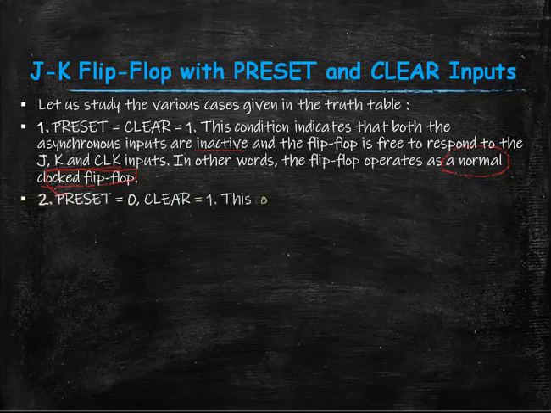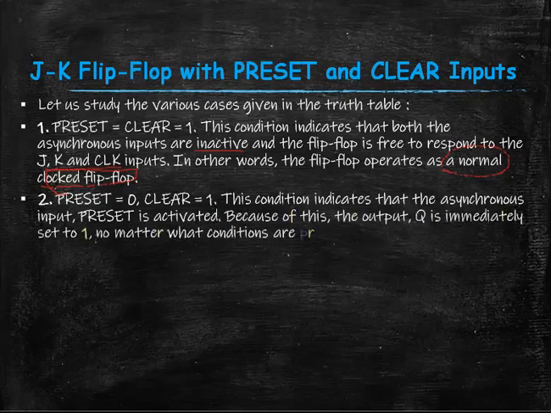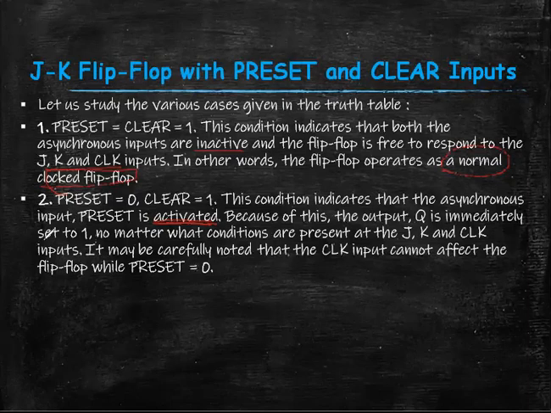And the second case, preset is equal to 0 and clear is equal to 1. Preset equal to 0 means preset is activated. That means output Q is set to 1. The output is not responding to the J, K and clock input.